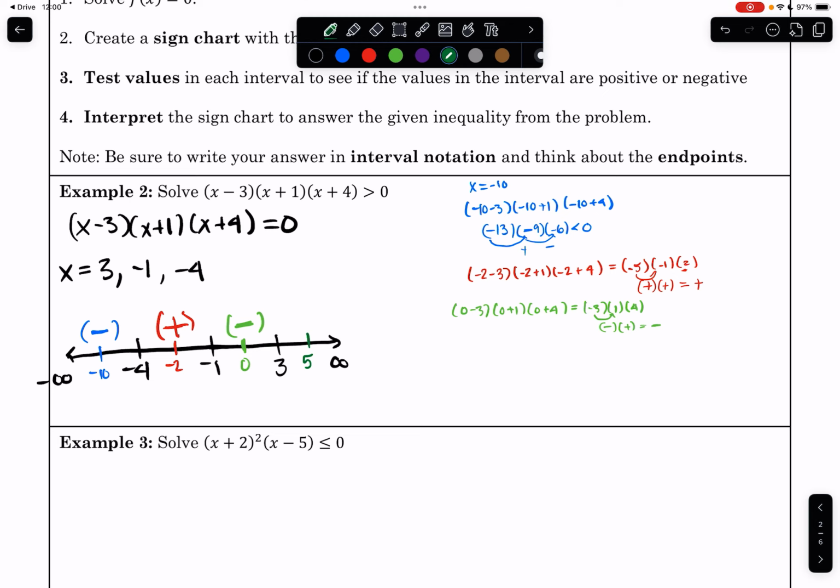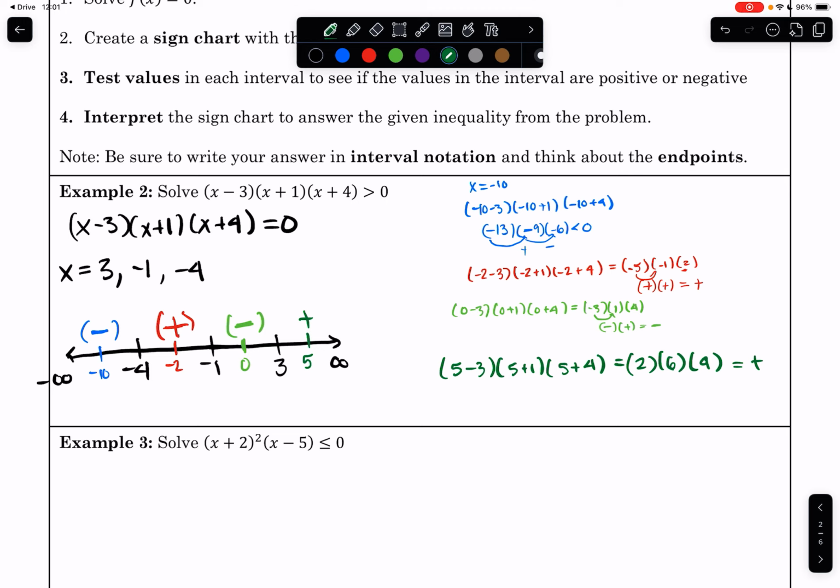If I plug in 5 into the x's, in the first parentheses, that'll be 5 minus 3, 5 plus 1, and 5 plus 4, which is +2, 6, and 9. And obviously multiplying positive numbers with positive numbers, that's going to be a positive value. So this portion of the graph is going to be above the x-axis.